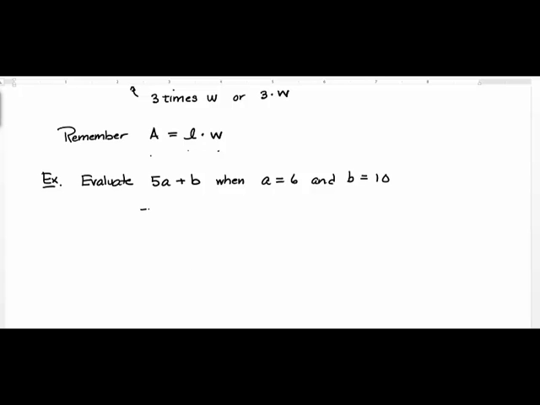Well, I like to put little parentheses around any time I have my variable. So this is like my a and that's my b. So I have 6 in here and I have 10 here. Now it just becomes an expression that I can evaluate, just like we were doing in the previous section, right? So I follow my order of operations. I have 5 times 6 gives me 30, plus 10 gives me 40. Done.